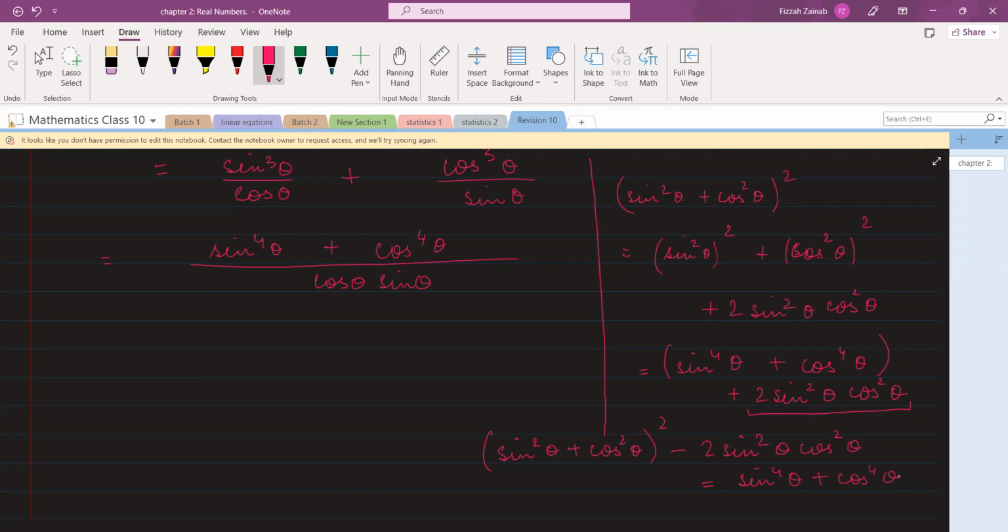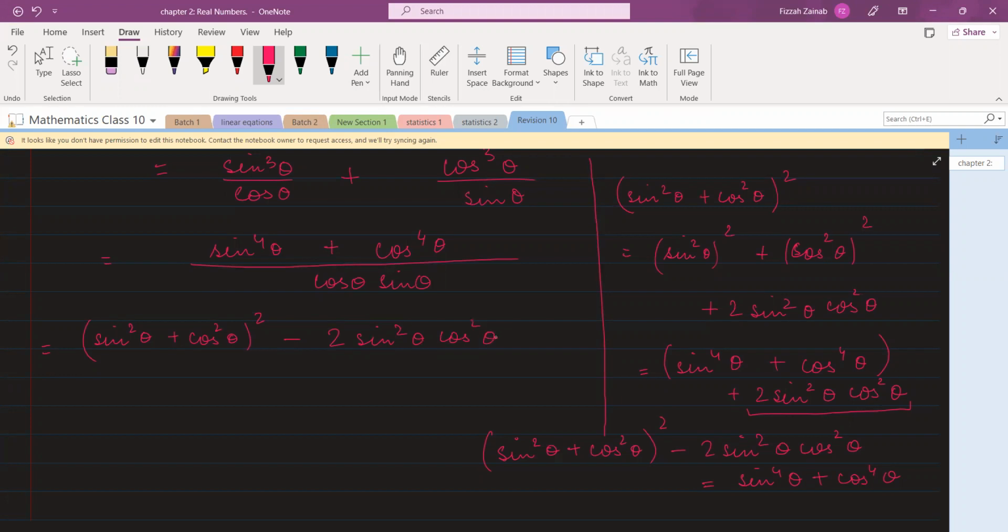Okay. So now you can put this here, right? So in place of sine 4 theta plus cos 4 theta, I'm writing this. Sine square theta plus cos square theta whole square minus 2 sine square theta cos square theta.